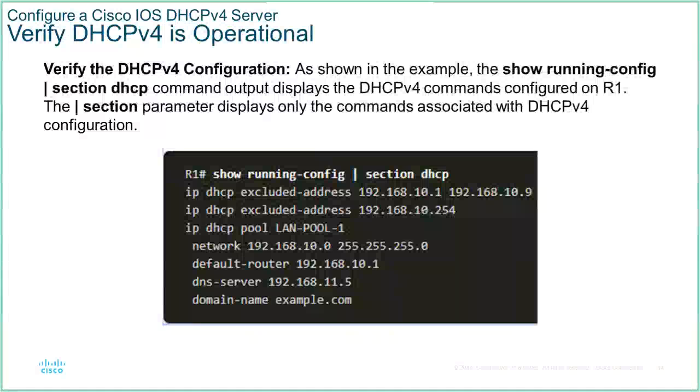Section begin can help you not have to page through pages and pages of running config, because as your network gets bigger, your running configs can be huge. Okay, so it's not always going to be a quick, easy solution just to do show running config. It may be better to do a section command or a bin command so that you can cut down the display.